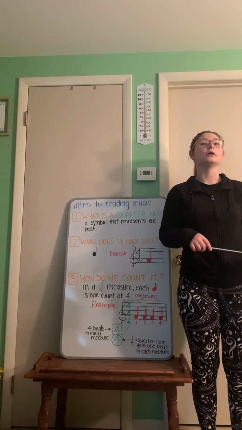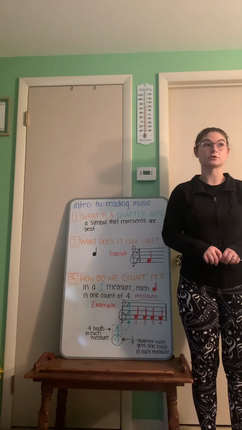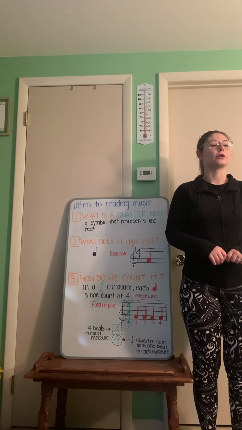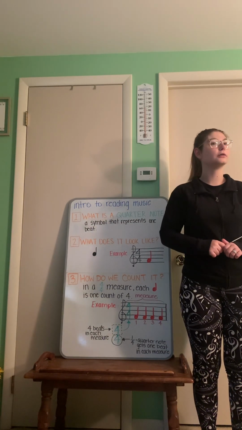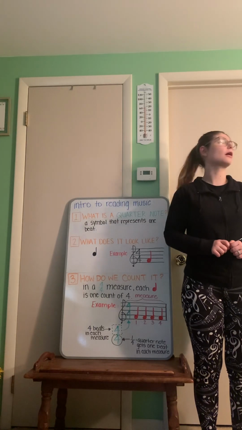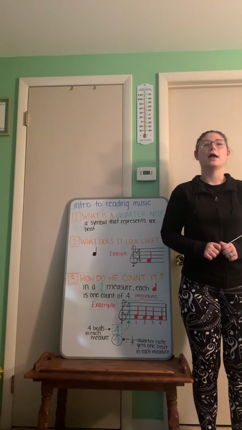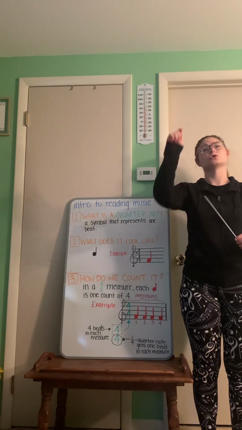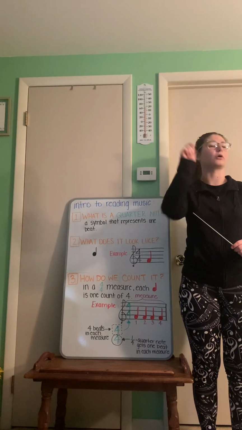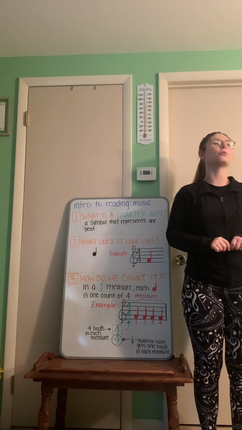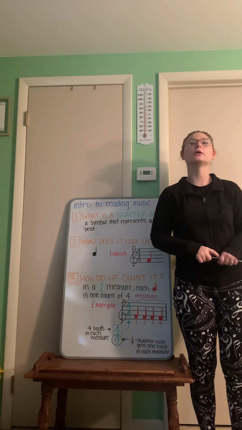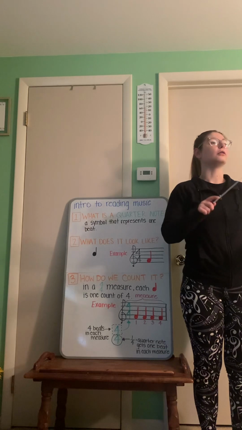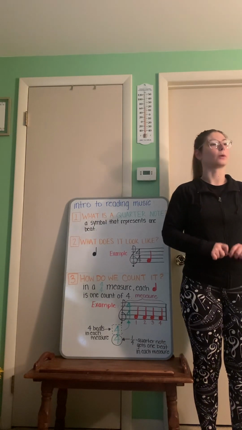Okay, next thing, you can flip the page and you'll see songs in there. So, if you look at Twinkle Twinkle Little Star, I want you to pull out your handy dandy highlighter, any color that you want. And you can highlight all of the quarter notes. You can circle them, you can highlight them, you can color them, whatever you want to do. I only want you to highlight the quarter notes, okay?